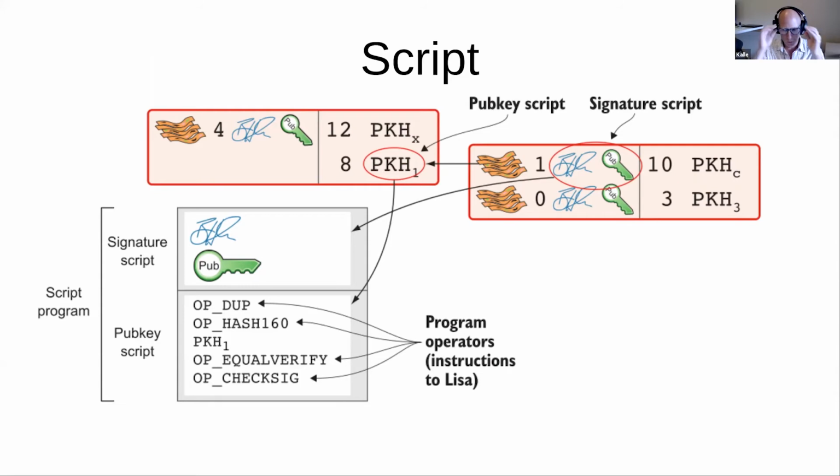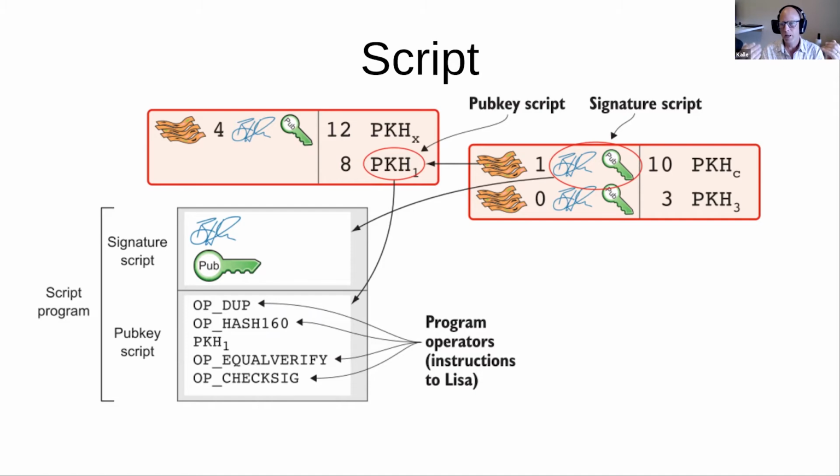And I wasn't totally honest with you before. The output doesn't just contain a public key hash. The output actually contains a small computer program, if you will, which we call a pubkey script. And the input that spends the output is called a signature script.